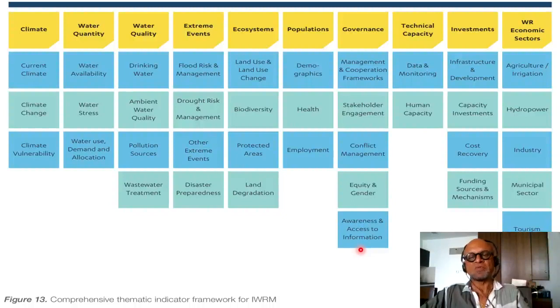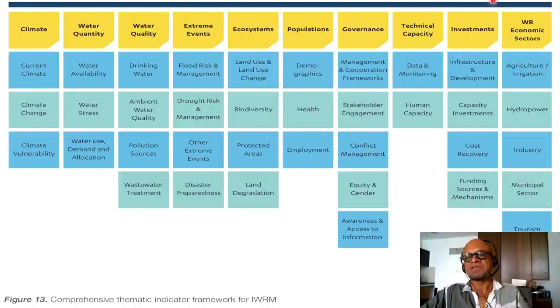So it's not just water access, but information access can be critical as well, so that you know whether your rights to the water are being met or not. Technical capacity depends on data and monitoring, and human capacity, so investments needed for infrastructure and development, capacity investments, cost recovery, and funding sources and mechanisms.